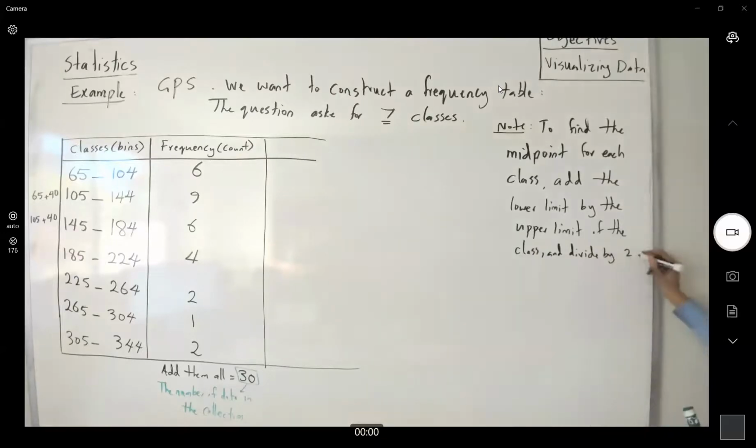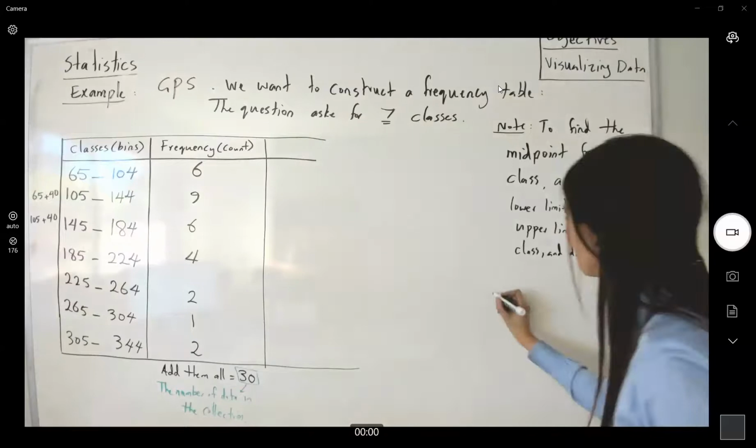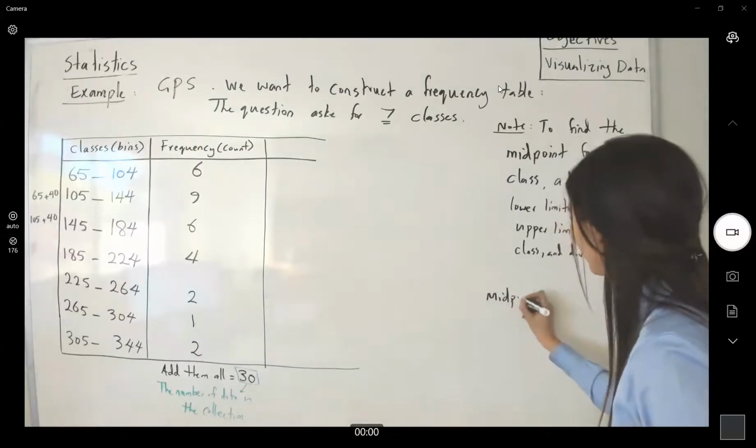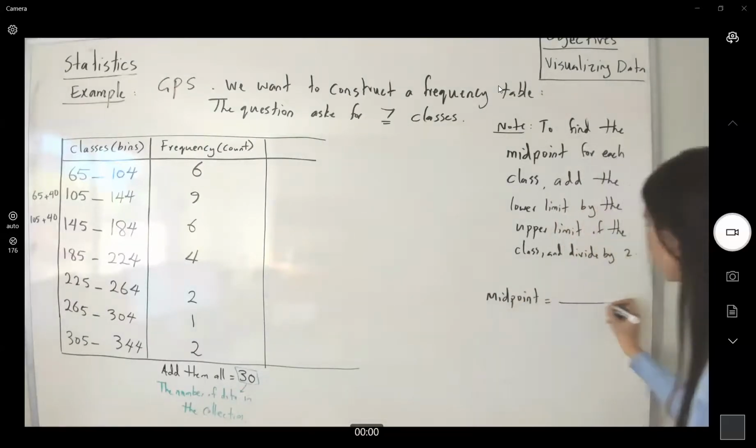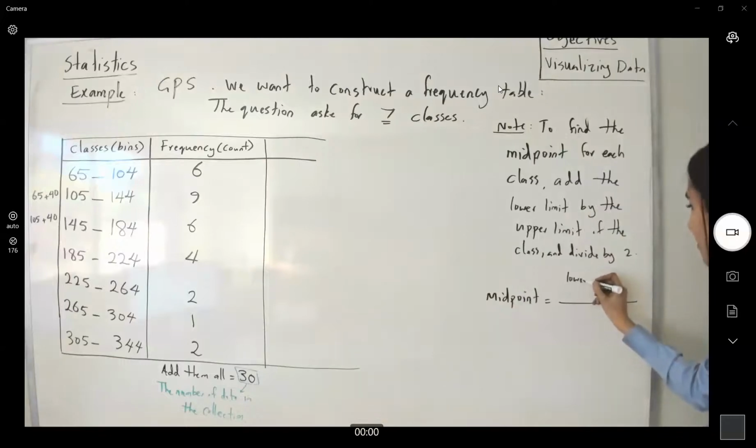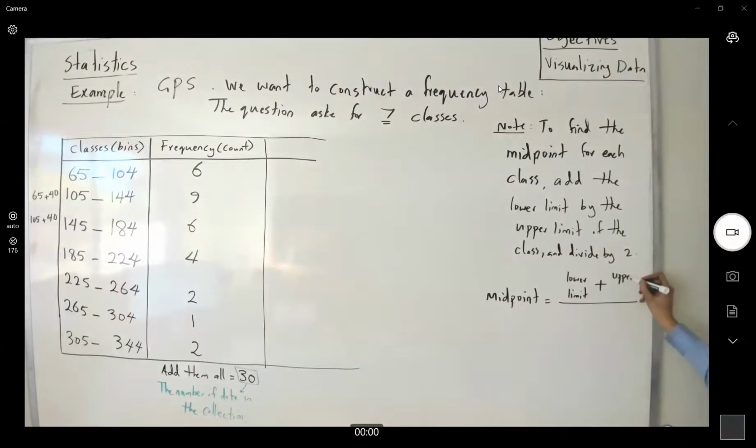So the second formula for you, the midpoint, is equal to the lower limit plus the upper limit, divided by 2.